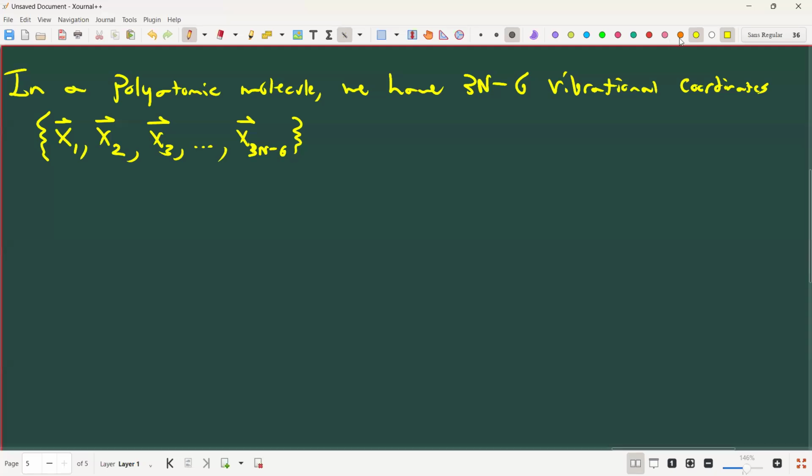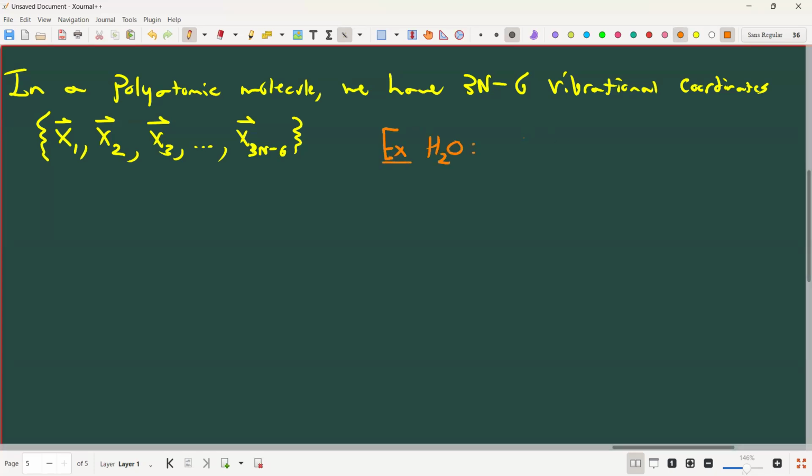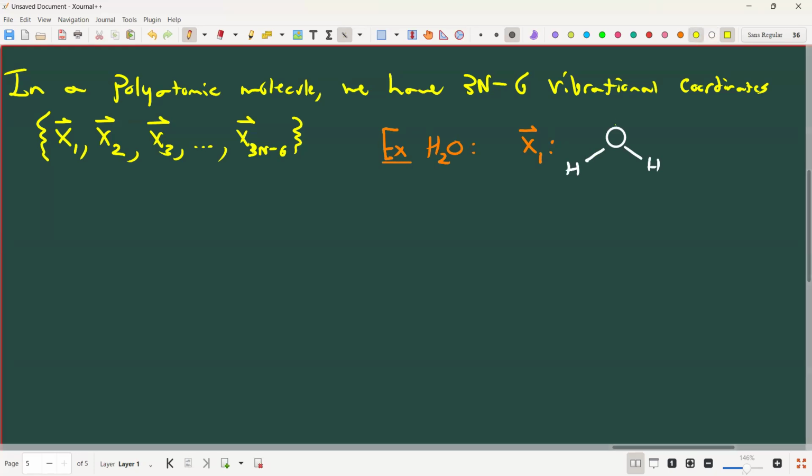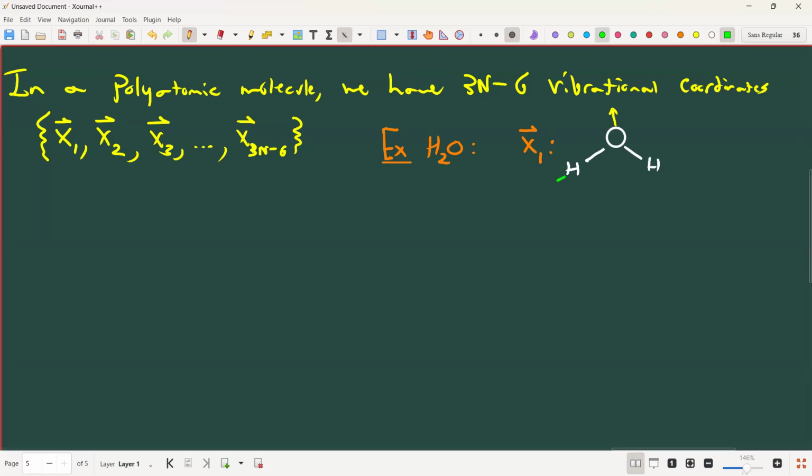So here's an example: H2O. Coordinate x1 looks like this. It's the oxygen moving in this direction and the hydrogens moving in this direction.